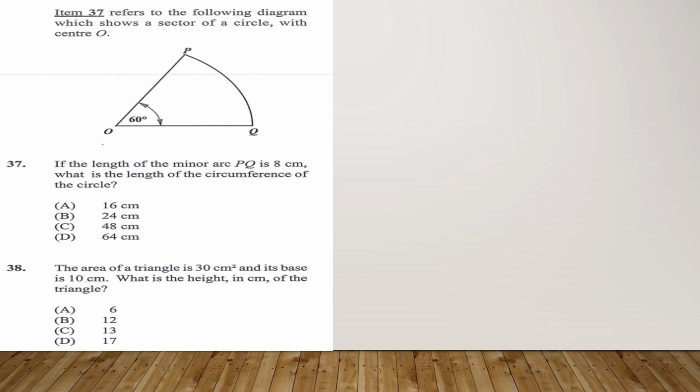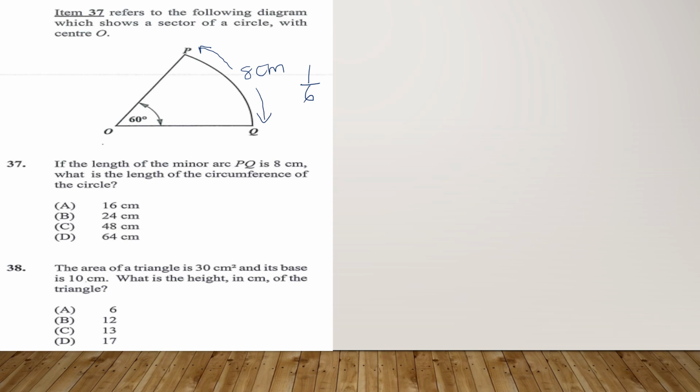37, it says, if the length of a minor arc PQ is 8 centimeters, what is the length of the circumference of the circle? So what we are saying is that PQ, let me just change to the pencil, is 8 centimeters, which is from here to here. And in the previous question, we learned that 60 degrees is 1/6 of the circle, of the full 360 degrees.